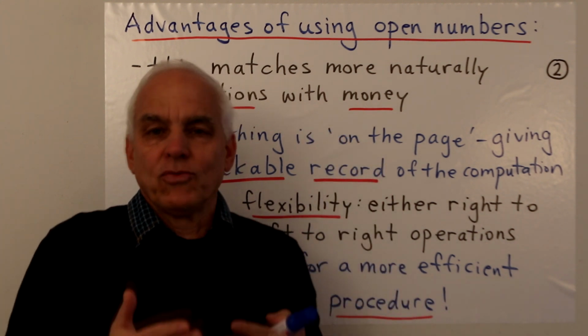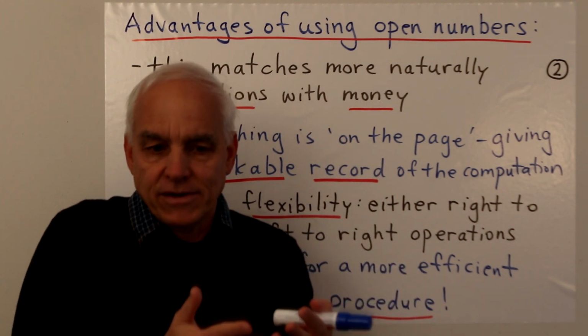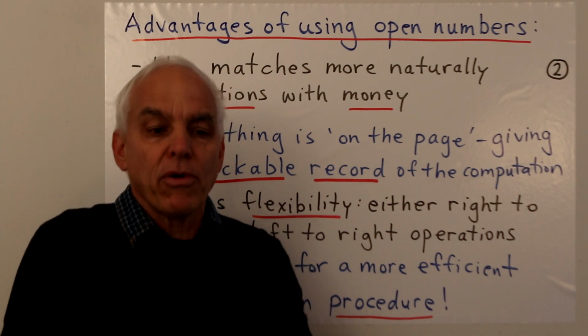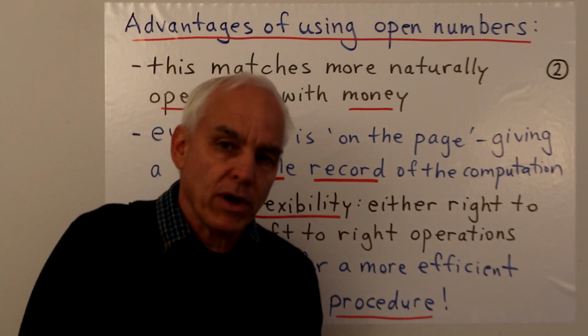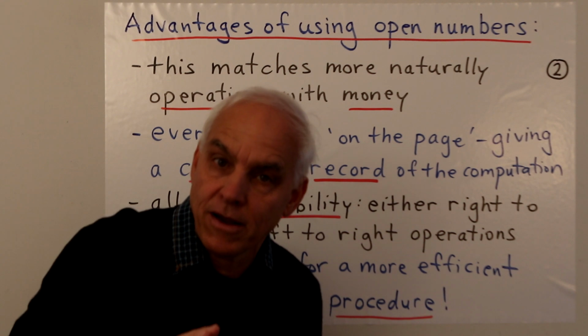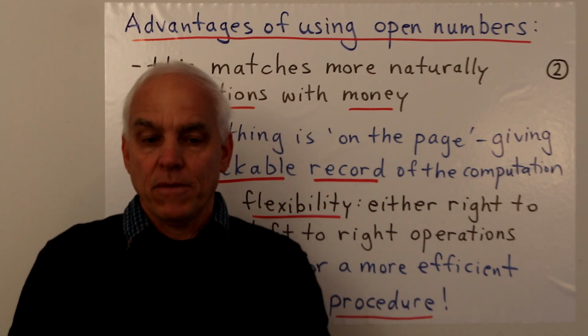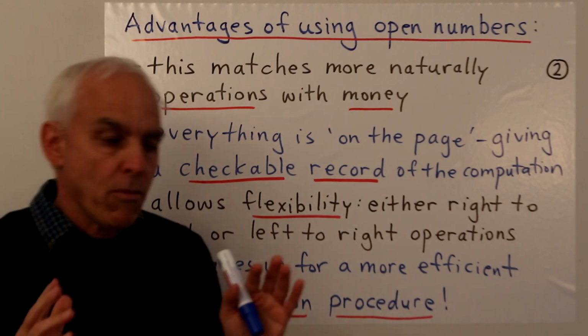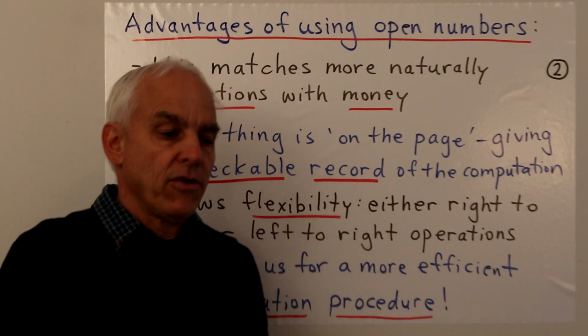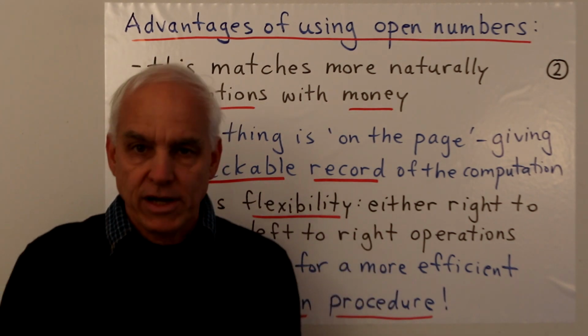So in other words, it's harder to recover very simply what the actual person who was solving the problem was doing. Therefore, it's harder to check if they made a mistake, where exactly did the mistake appear. So with this approach, we are more inclined to write everything down, so we are able to check more easily a computation.